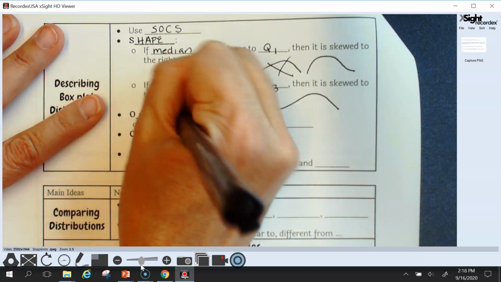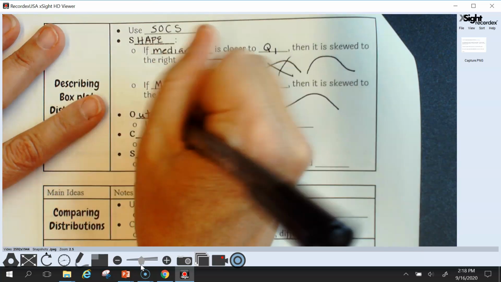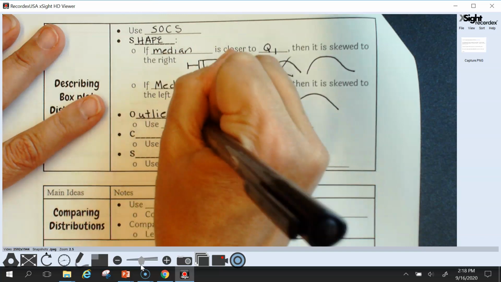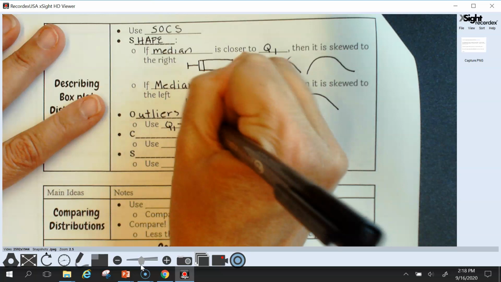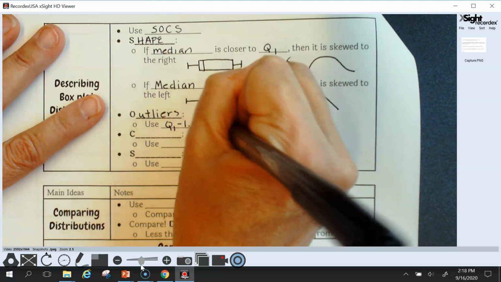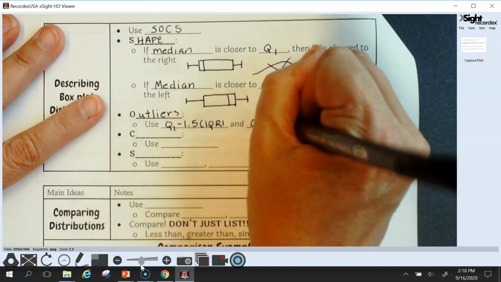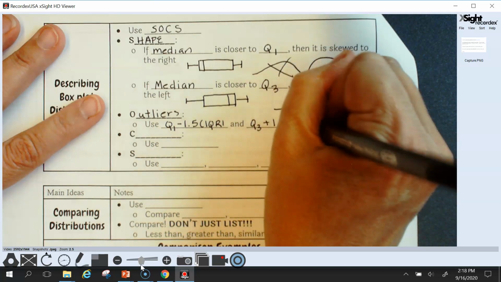If there's any outliers, you're going to use the formula. You're going to use Q1 minus 1.5 times the IQR, and Q3 plus 1.5 times the IQR.